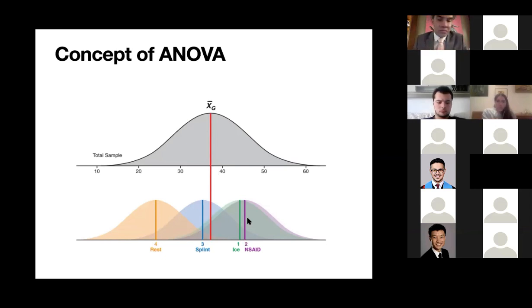That's ANOVA. If you understand it, you can just go have breakfast and do another thing, because this is all you need to know. You pool all the groups into one big group, then you have a big grand mean, and ANOVA is the statistical test which compares the difference of the group means with this grand mean. That's all.